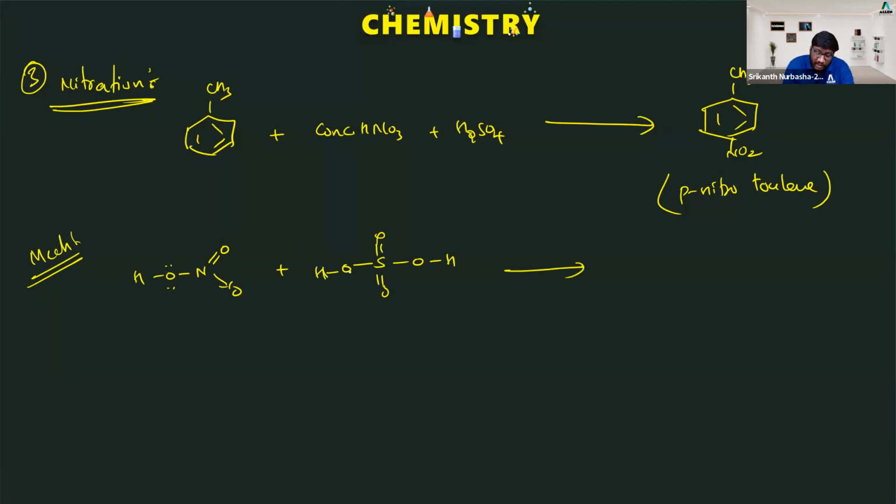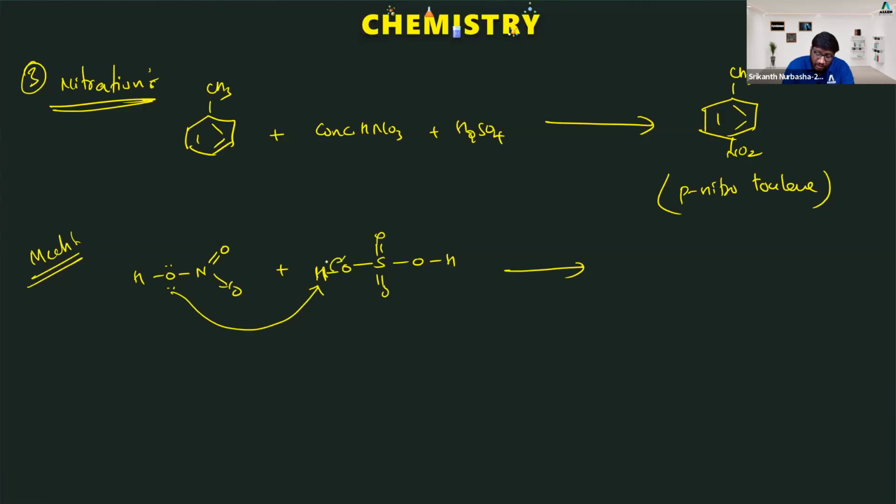That means H2SO4 can lose the H plus ion easily. The lone pair of electrons on oxygen in HNO3 can pick up this proton. Because H2SO4 is a stronger acid, the lone pair of electrons present on oxygen can pick up this proton.